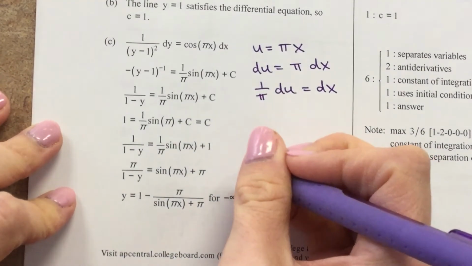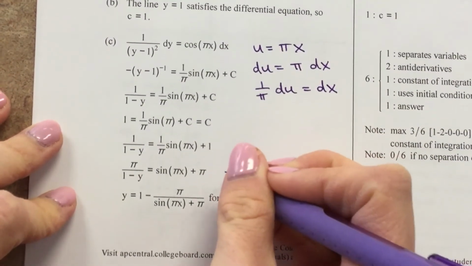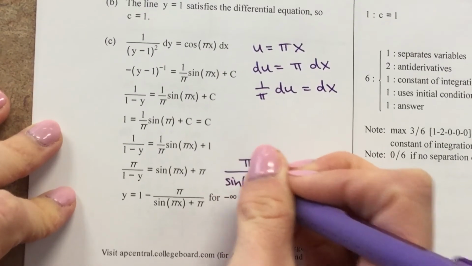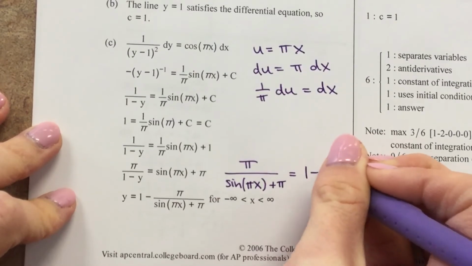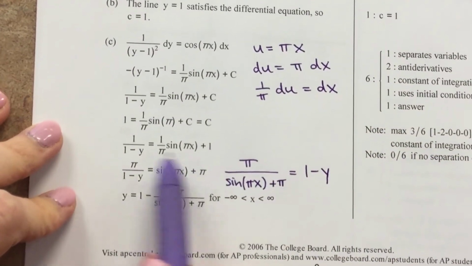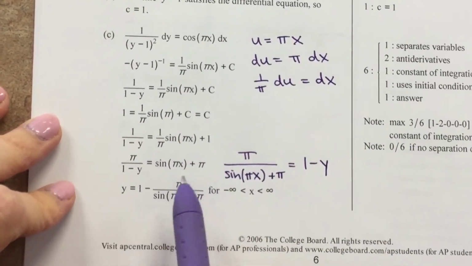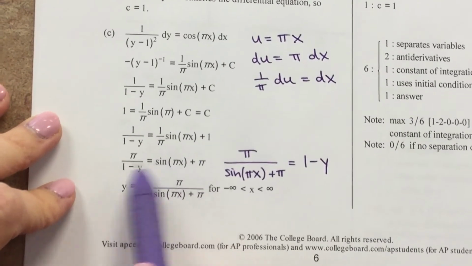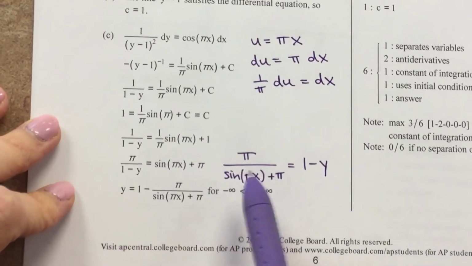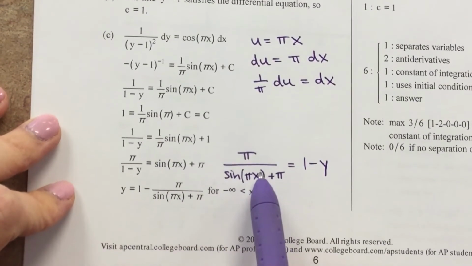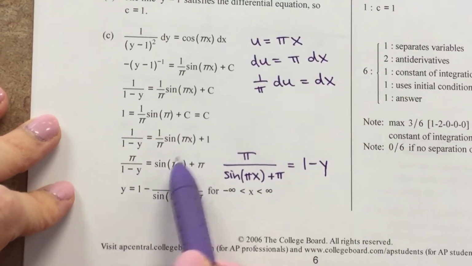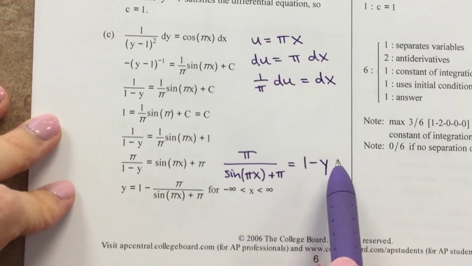Kind of missing a step, they would have pi over sine of pi x plus pi equals 1 minus y. That's what they did from this step: they cross multiplied and divided this over onto the other side. So this, which was over here, became the denominator under the pi. This, which was under here, multiplied out over on this side.